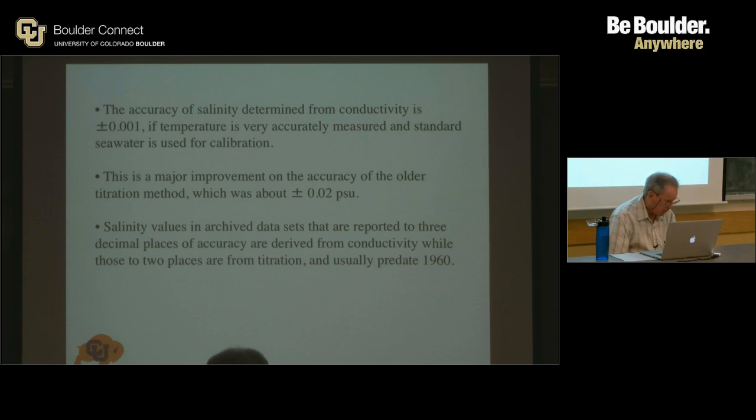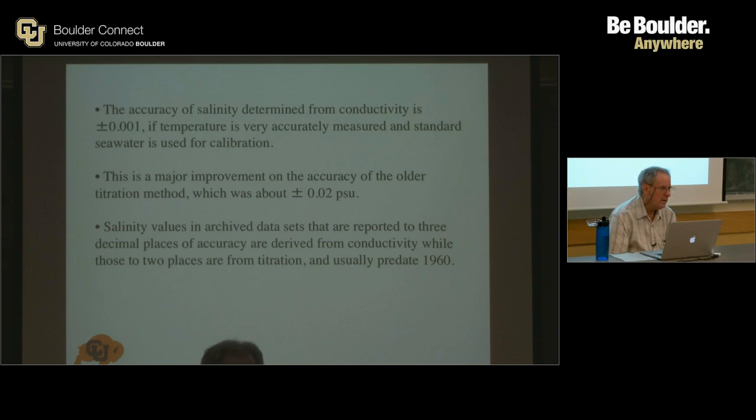Now, a funny story. This is on the Russian ship. Of course, we had bench salinometers, and we would get a sample bottle from the samples that they collected and process it, and they were still titrating. This is 1977, and they were still titrating.